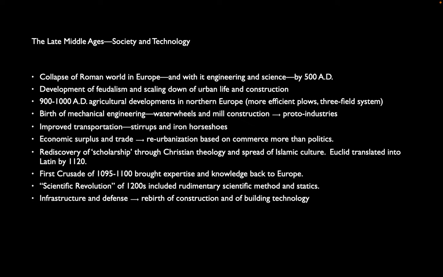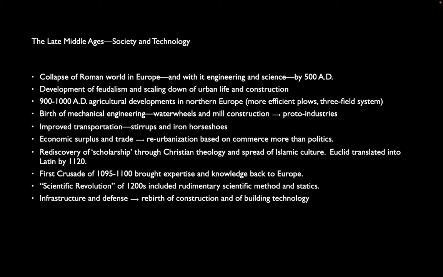And very importantly, the spread of Islamic culture into Europe brings with it some of the developments that happen in the Islamic world, but also some of the developments that happened in the ancient world that have been lost in Europe but picked up in Islam. So as Islam spreads, particularly through southern Spain, and as we'll see through the Mediterranean, developments come back to Italy and get exported as far north as France and England.